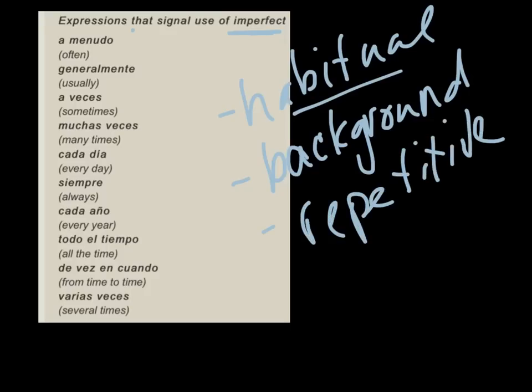So, a menudo, generalmente, a veces, muchas veces, cada día, siempre, cada año, todo el tiempo, de vez en cuando, varias veces. Those all indicate that something happened more than one time, but it doesn't indicate how many times.